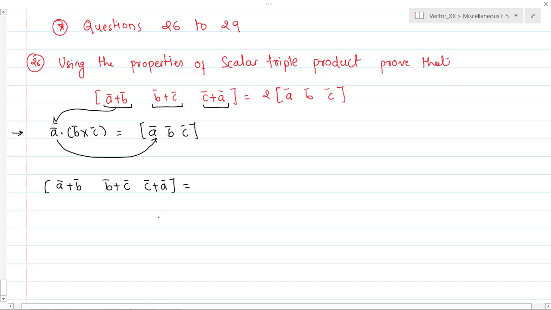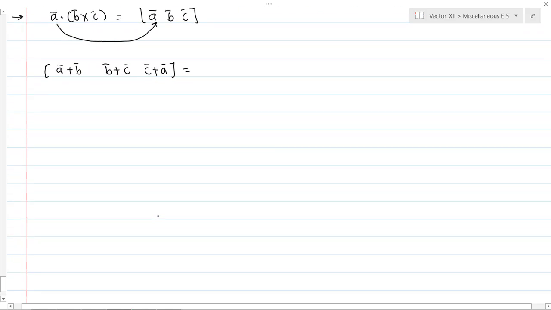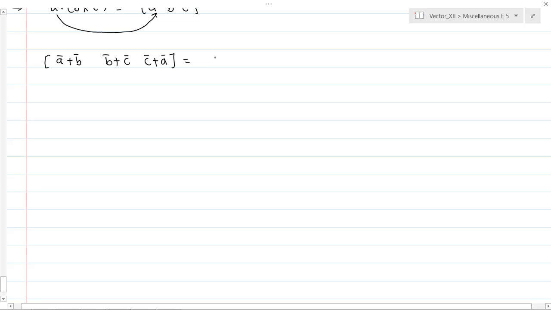So using the definition of the scalar triple product, how can I write this? Take the first vector as it is, a bar plus b bar, dot the cross product of the remaining two, that is b bar plus c bar cross c bar plus a bar. I hope it is okay. Now let's simplify this.